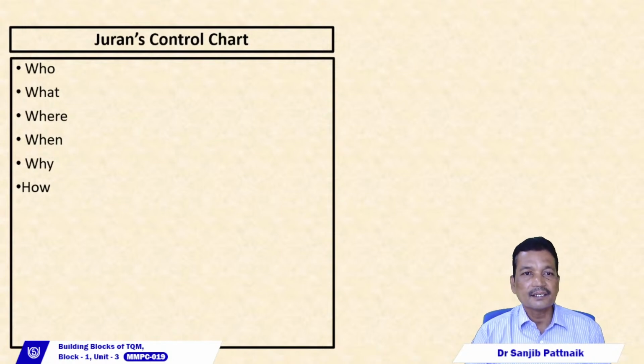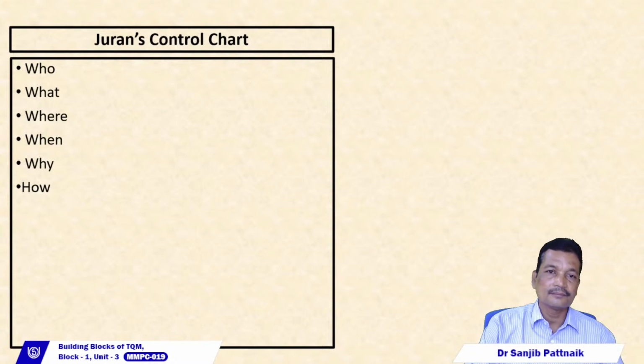Similarly, questions like why and how. How can the work be done? How else can it be done? How is it to be done if it is not done in the original way? So these are the 5 W's and H that make up Duran's control chart.